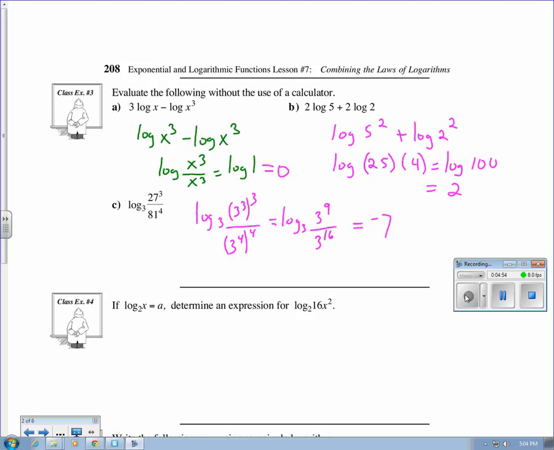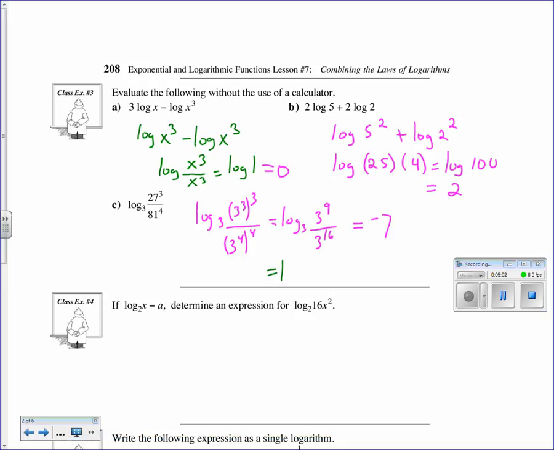The bottom becomes 3 to the exponent of 16. The in-between step that I didn't quite communicate was that I actually have log base 3 of 3 to the minus 7. Well, because logs generate exponents, I get my answer out really, really quickly, which is fantastic.